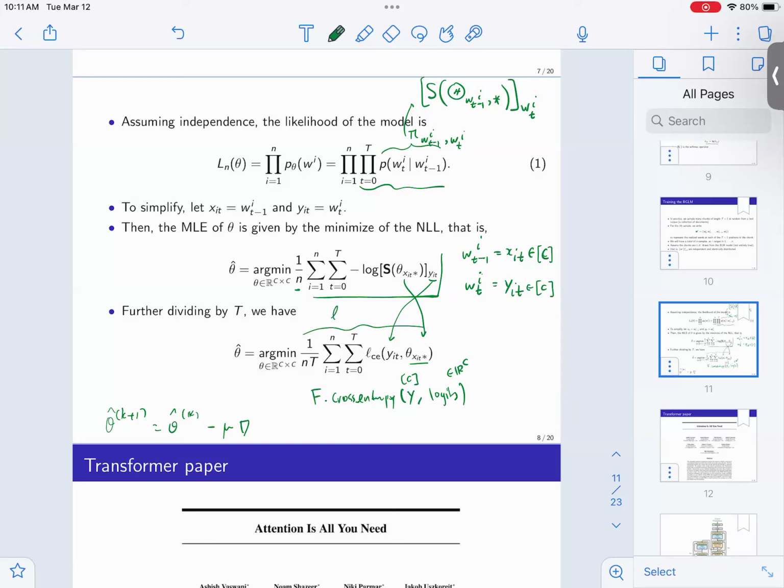Let's call this L, a function of theta and data.